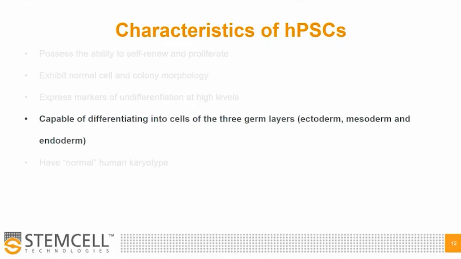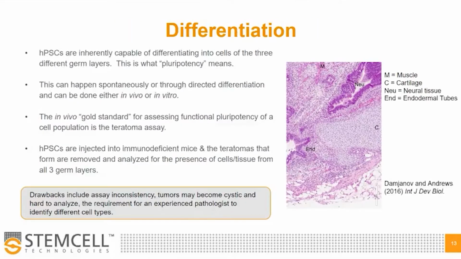hPSCs are capable of differentiating into cells of the three different germ layers, the ectoderm, the mesoderm, and the endoderm. By definition, hPSCs are capable of differentiating into all three germ layers. This is what pluripotency means. This can occur spontaneously or through directed differentiation and can be done either in vivo or in vitro.